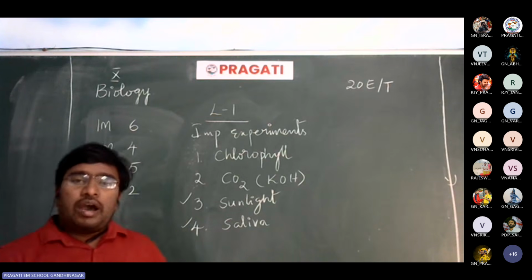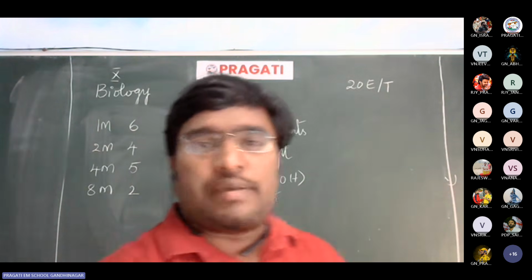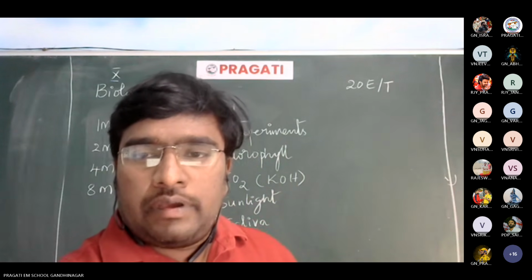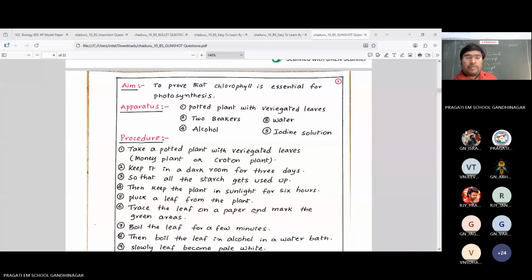Now let us see how to write experiments in the exam. When you are writing experiments, how we represent them is also very, very important, children. Based on the writing of experiments, you will get 7 to 8 marks.